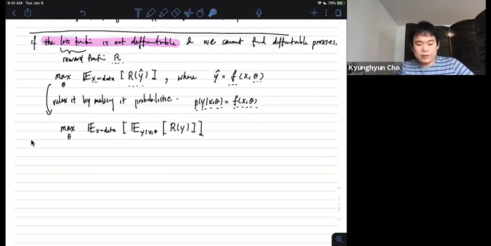So how does this actually make any difference? It turned out that this kind of relaxation, or smoothing, allows us to compute the gradient of this whole thing, that is the expected reward, with respect to our model parameters.